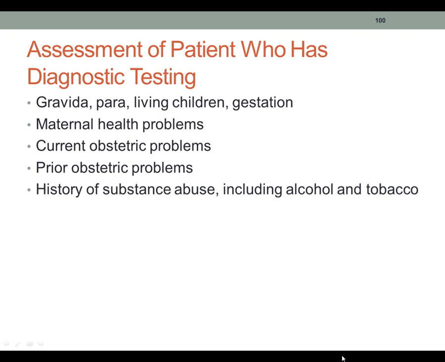For example, epilepsy, hypertension, diabetes, things like that that could cause problems, and we may need to do more diagnostic testing and make sure nothing's wrong. Does she have any current obstetric problems? Does she have cancer? Has she had problems with conception in the past? And of course, does she have any history of substance abuse, including alcohol and tobacco, since these can cause problems with the fetus?